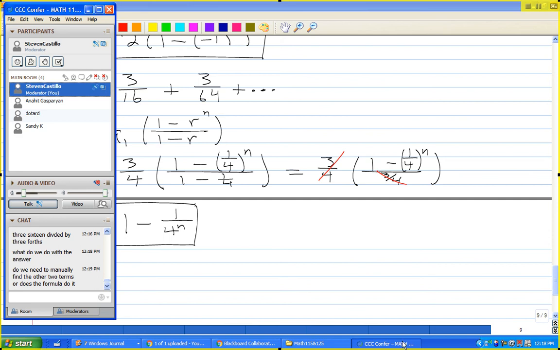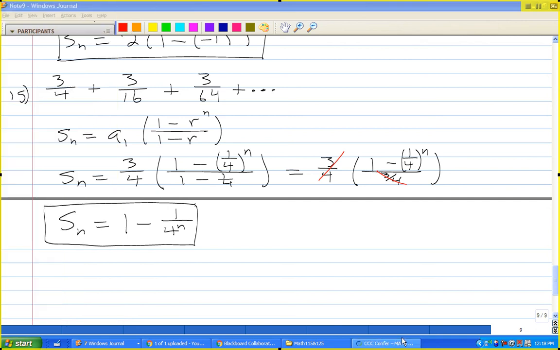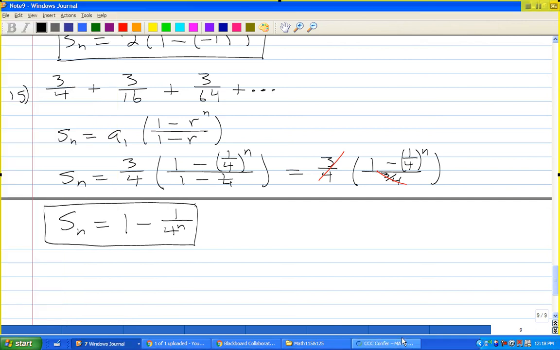What terms are you referring to? Find the other two terms. Okay. Oh, no. In other words, this formula adds up all those terms.